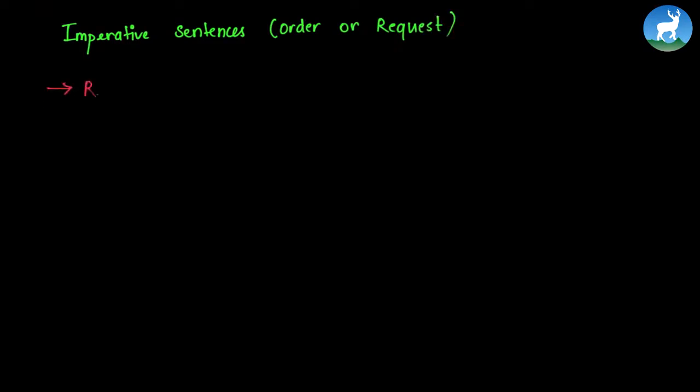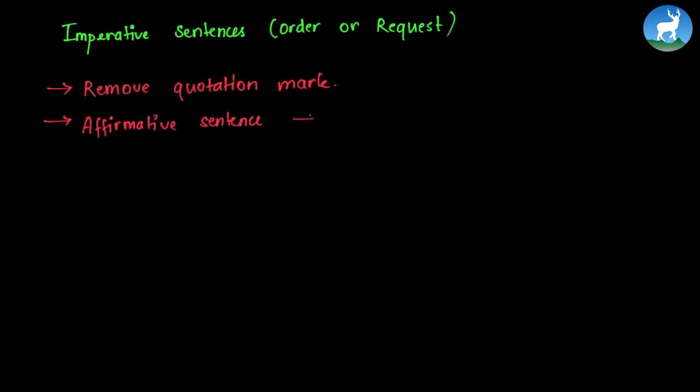Now we will see rules while changing direct form of imperative sentences to indirect form. Also here, in the first place, we remove the quotation marks. An affirmative sentence is reported using to. If the sentence contains don't, it is changed to not to.